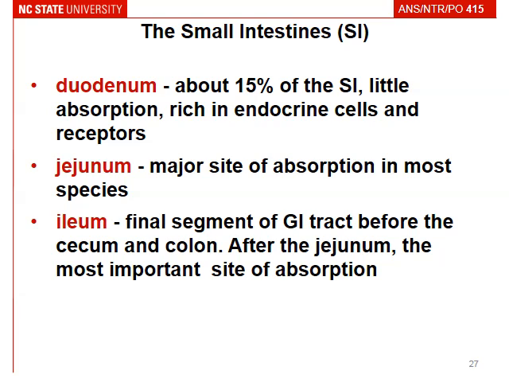Interestingly, if you know anybody that, for instance, has had Crohn's disease and therefore has had to have sections of their intestines removed due to the abundance of inflammation that occurs, if that individual has a significant amount of the jejunum removed from the intestine, the ileum can actually pick up and take over a lot of the absorption that the jejunum did.